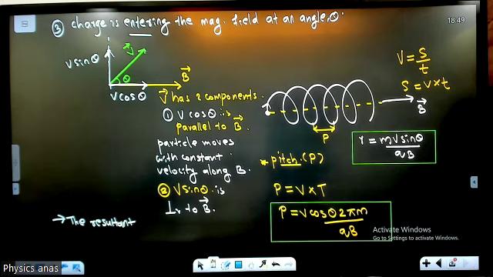Only. What about your school? Did they teach you velocity selector in the school? Do you remember that? Or do you have the? Did you study velocity selector as an application of this moving charge in both electric field and magnetic field? It's actually a deleted portion, but most of the schools are teaching that thing, that application. Do you have that? No. Is that your school note?